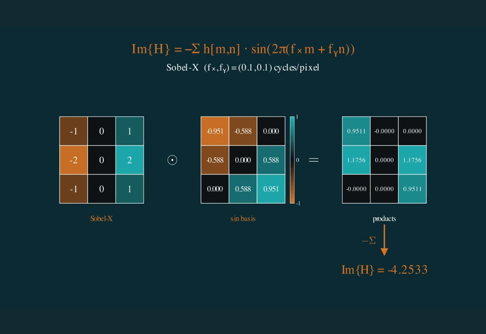Now, this is also why a filter like the Sobel filter or other gradient filters are often referred to as quadrature filters, because their frequency response is basically determined by the imaginary part of the frequency response, which actually lags 90 degrees behind the real part. And that's often referred to as a quadrature response, if you ever encounter that term.